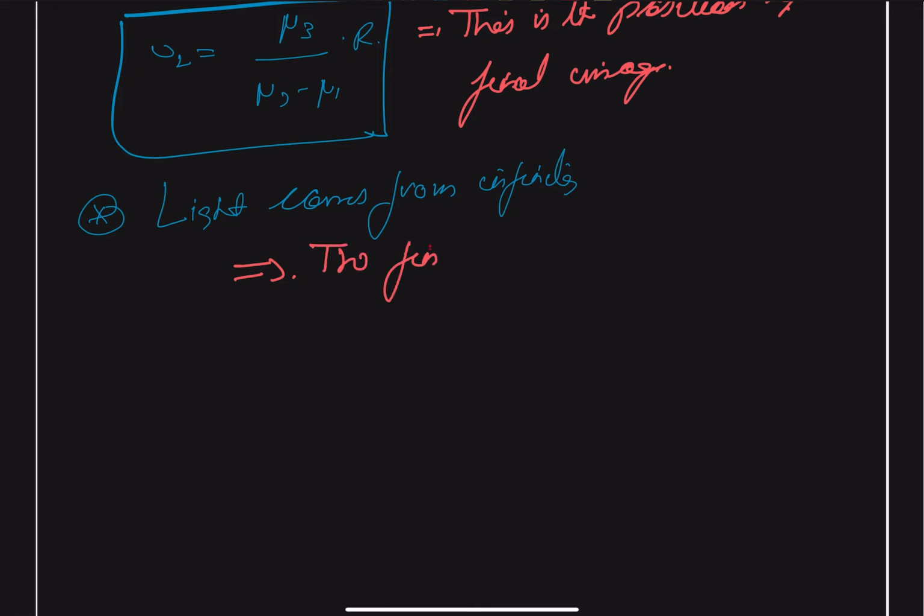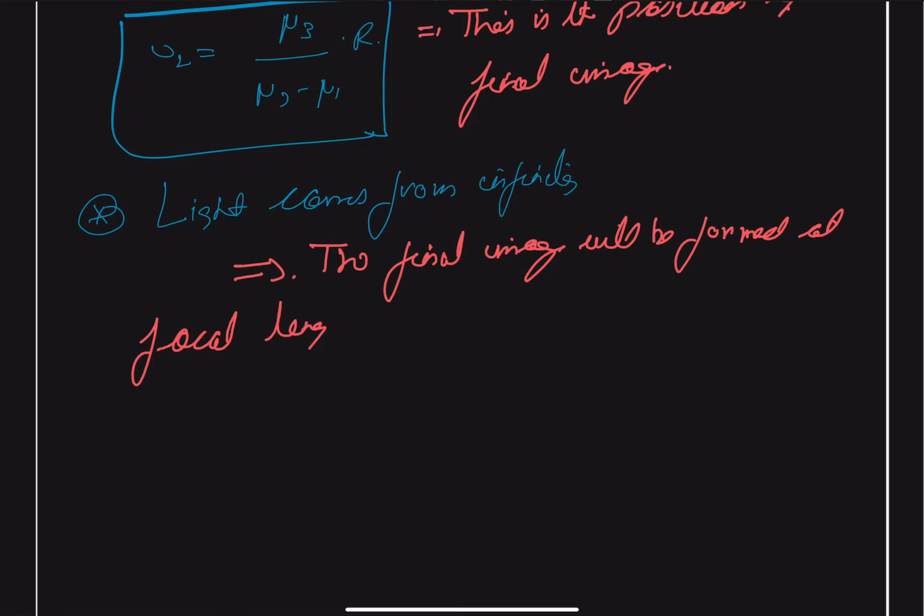Therefore we get F is equal to mu3 multiplied by R, divided by mu3 minus mu1.